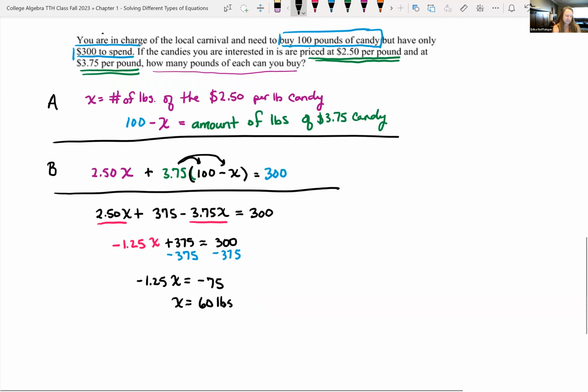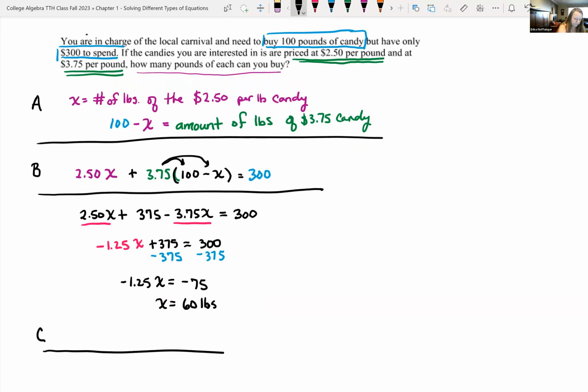So answering our question, you're going to buy 60 pounds of the $2.50 per pound candies. And well, we had 100 pounds total. 60 pounds are going to the $2.50 per pound candy. So we would have 100 minus 60, or 40 pounds of the $3.75 per pound candy.